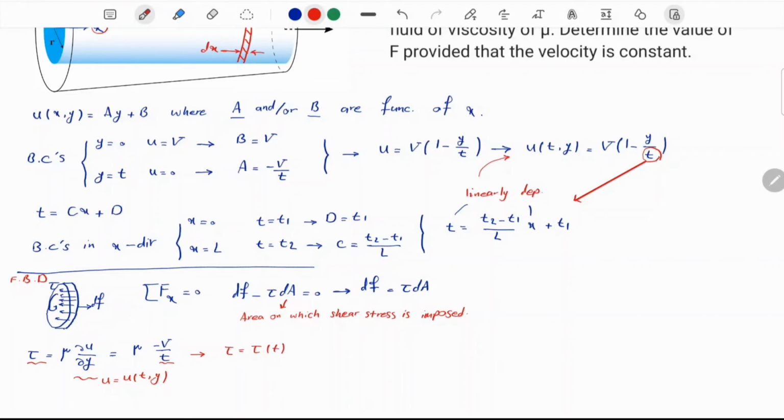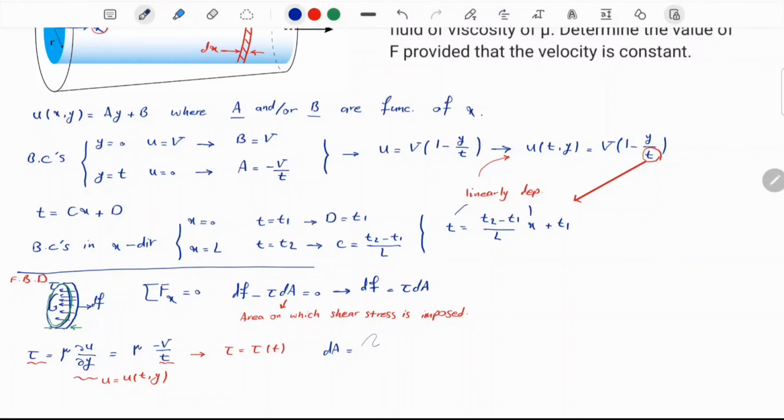Okay? Now, also, what is dA? dA equals the perimeter of this differential element multiplied by thickness.